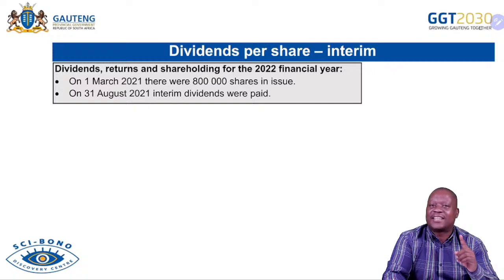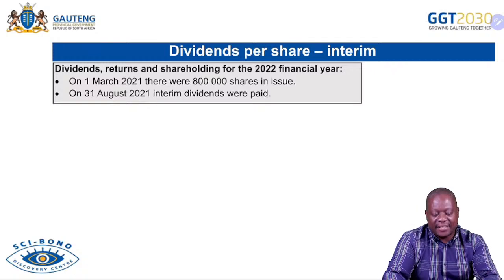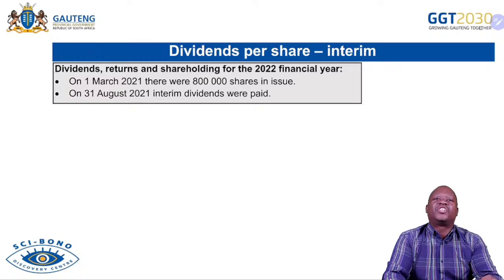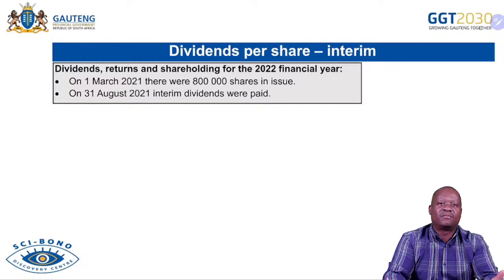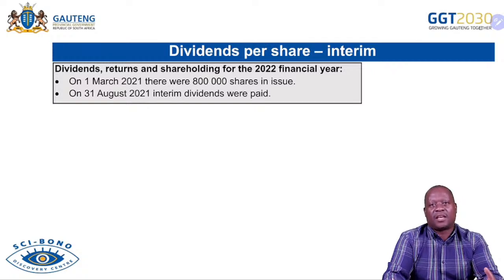They are not telling us how much per share, but they are telling us how many shares were issued and how many shares we are giving this interim dividend to. Important information, but incomplete, and it's not going to be able to help us unless we get some additional information.